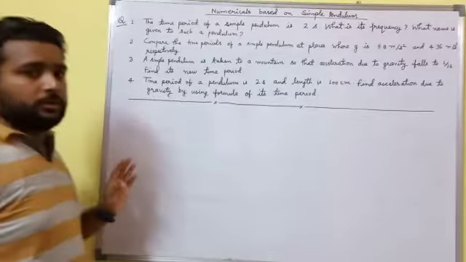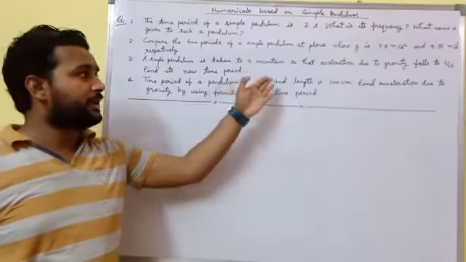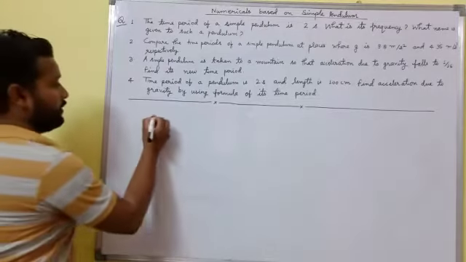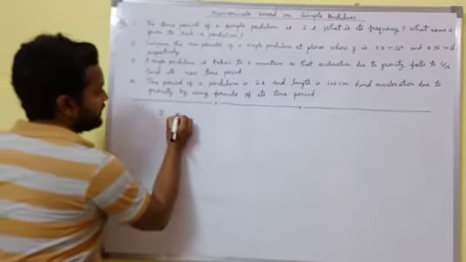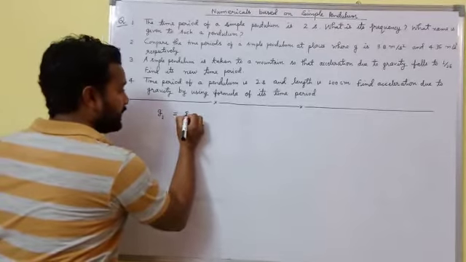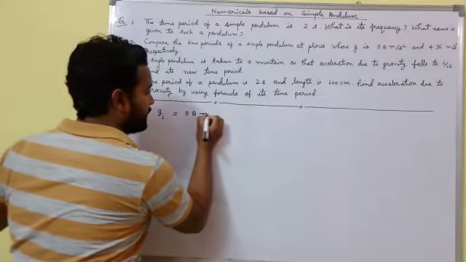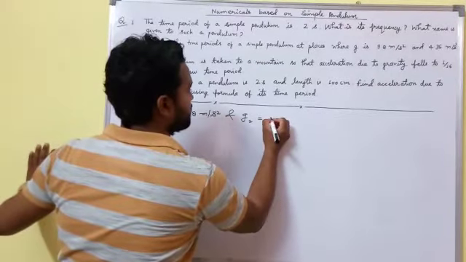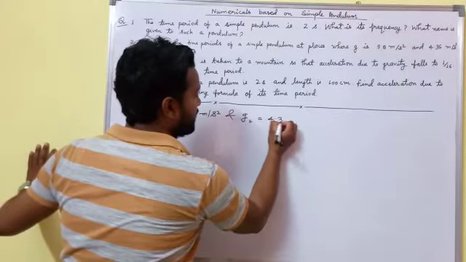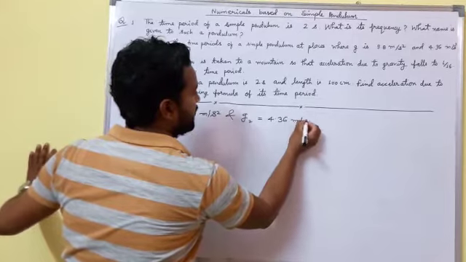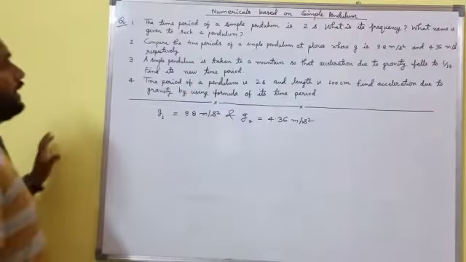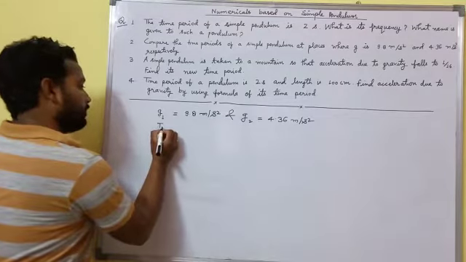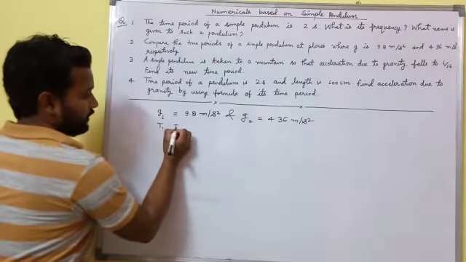So write the value of g1 as 9.8 meter per second square and g2 as 4.36 meter per second square, and compare the time periods. So find out T1 ratio T2.